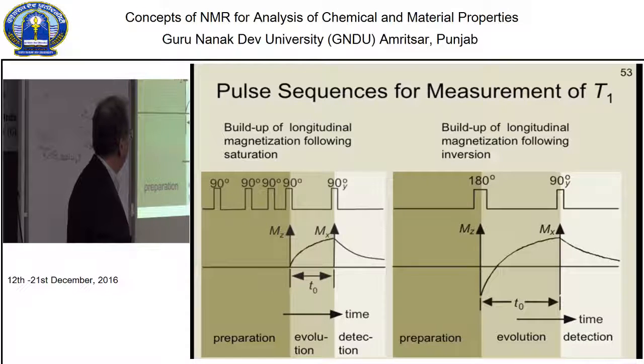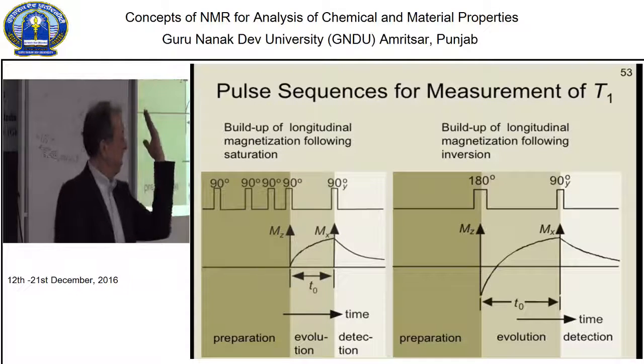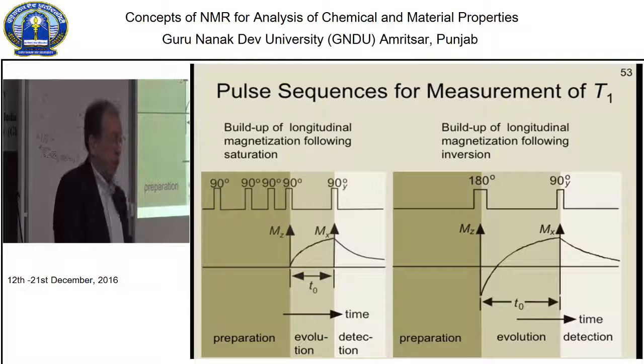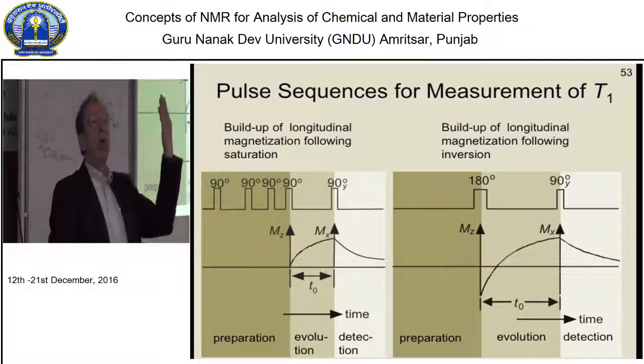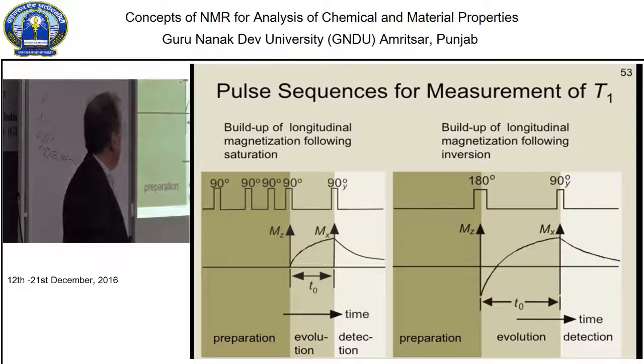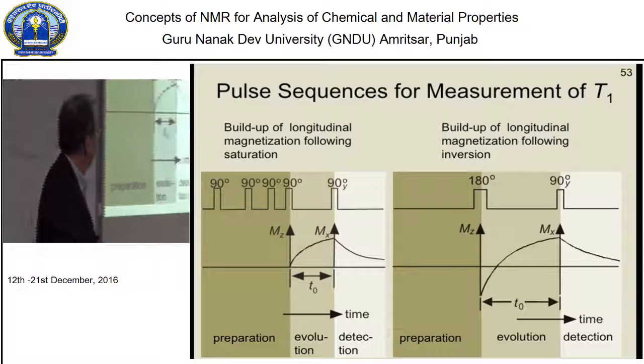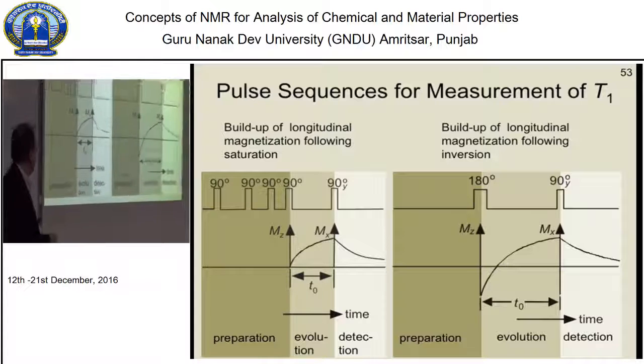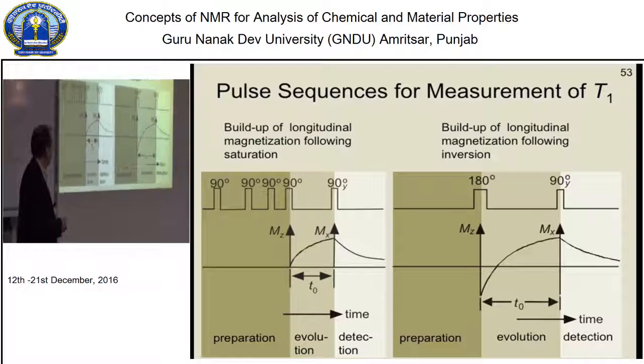Now the other way of performing the experiment is to build up longitudinal magnetization and then take a 180-degree pulse and flip it over into the minus Z direction. And then from there on you wait and see how the magnetization returns along the Z-axis. So the waiting time T0 is what you vary, as the signal builds up, and at each increment of T0, you apply a 90-degree pulse and measure the free induction decay.